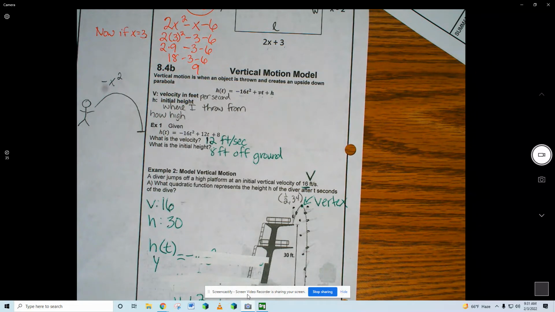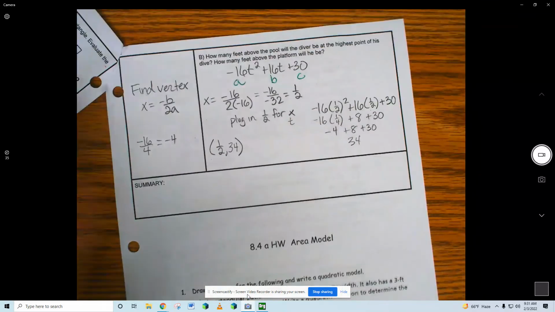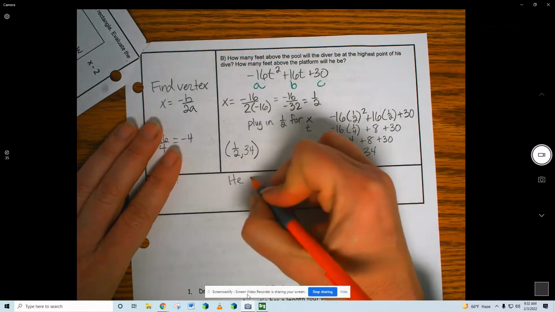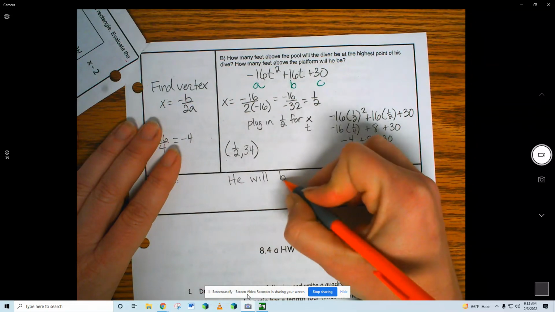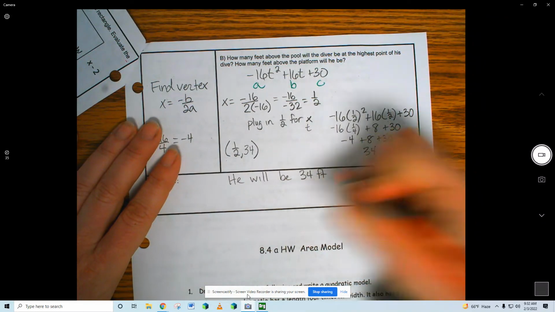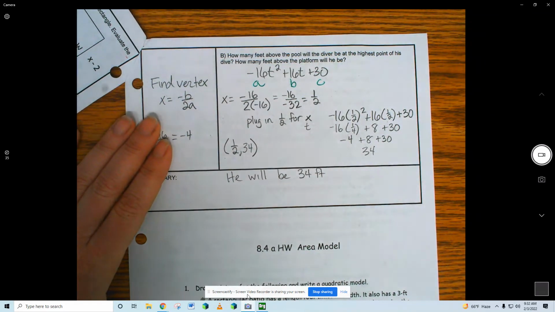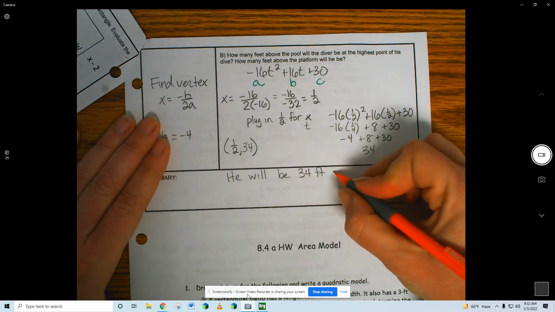So the answer to the question, how many feet above the pool will the diver be at the highest point, is 34 feet from the pool.